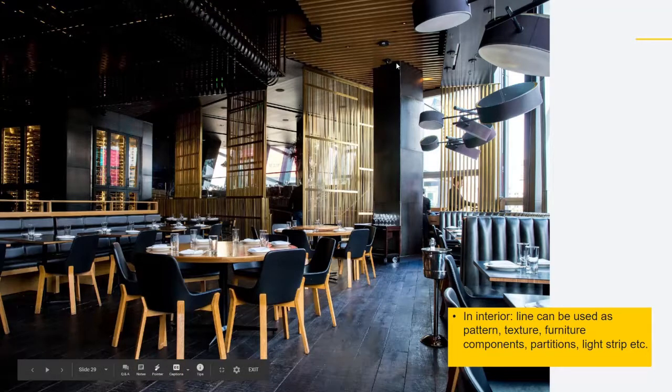As you can see, the line is a prevalent element in this design, as well as partition, enclosing the dining area and the service area. Even with the furniture treatments, you have your linear tufted seats and even down to your flooring.